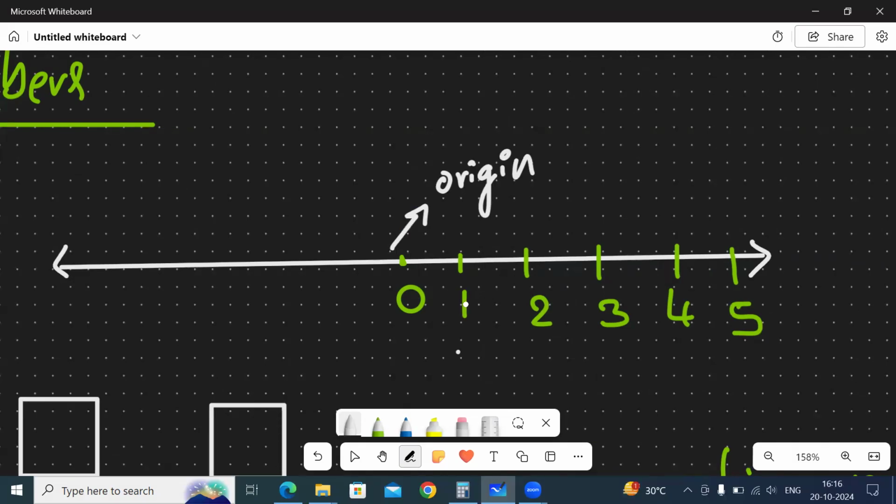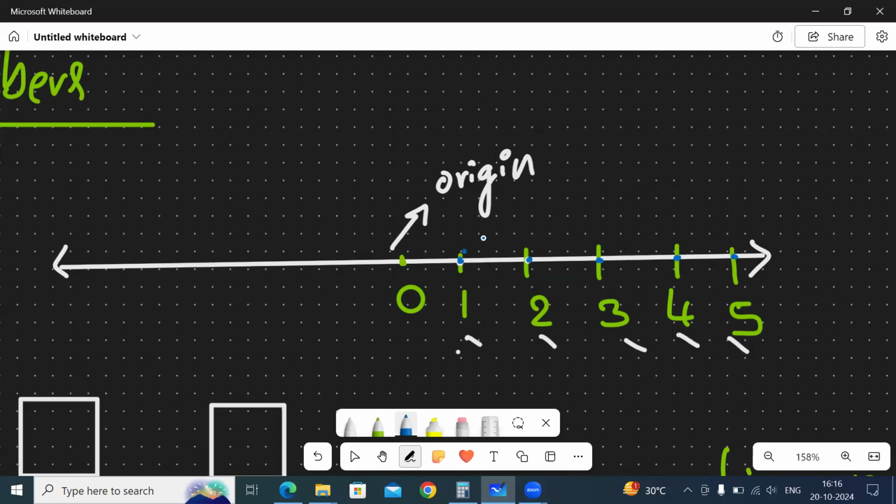And if any number, I mean 1, 2, 3, 4, or 5, is paired with a particular point here, here, and here, then we call it a coordinate.